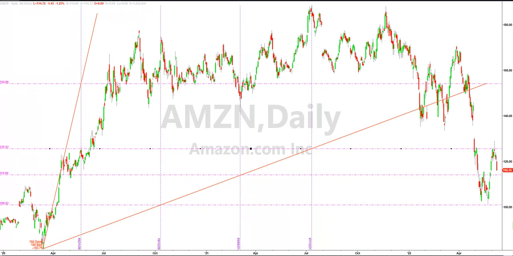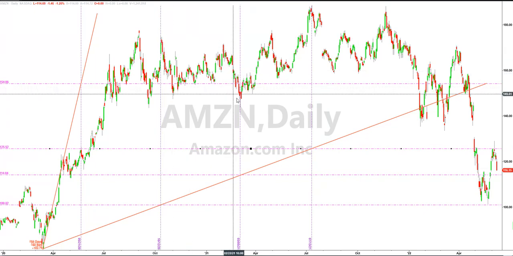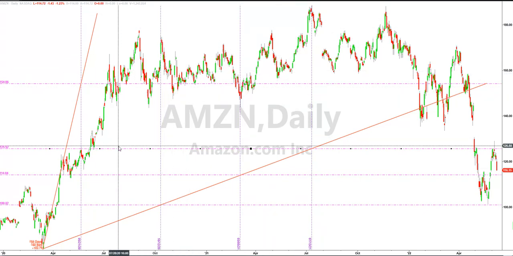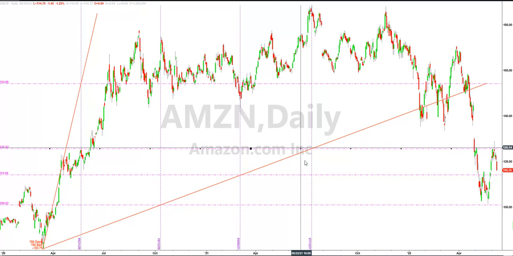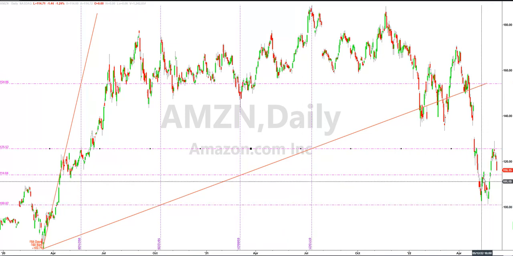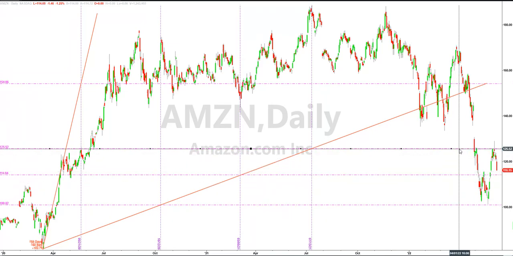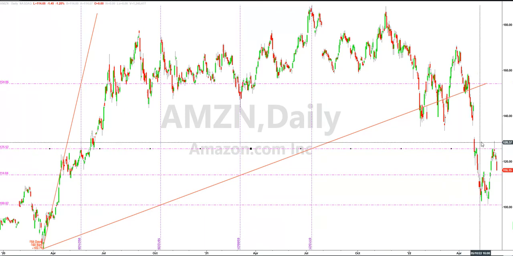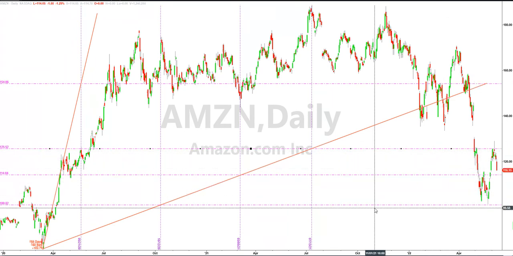I'm going to run 3 levels off the lower angle, which is the second angle, and then you can see where I've selected this pivot, and this pivot, and where they intersect the angle, I was able to plot these 3 horizontal lines, and you can see that the low was caught, the first reaction off the low was caught, and then the reaction off the double bottom was caught, along with a minor resistance point here off that 2-day reaction up, triggering the swing down. So overall, pretty good points.